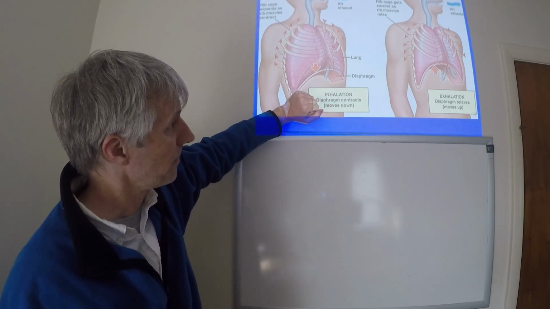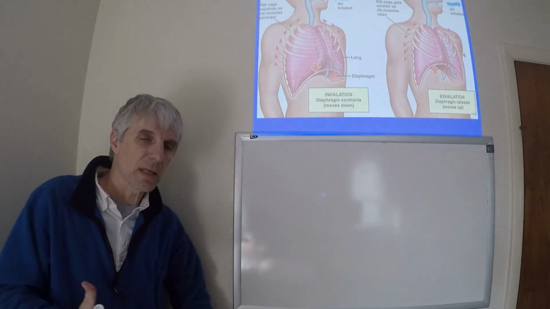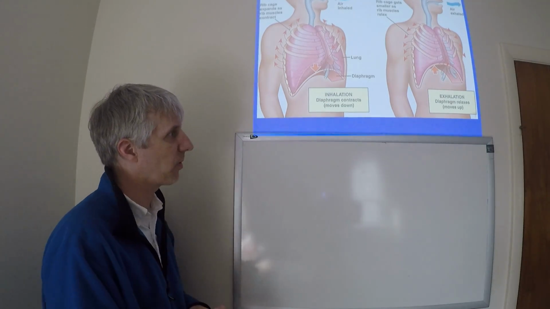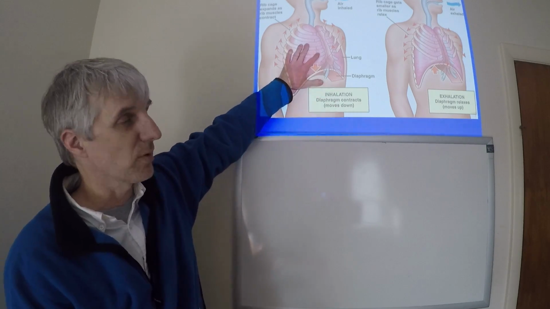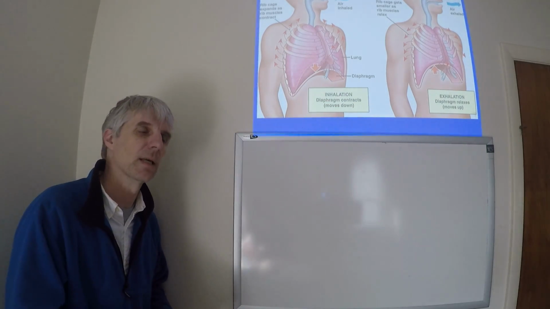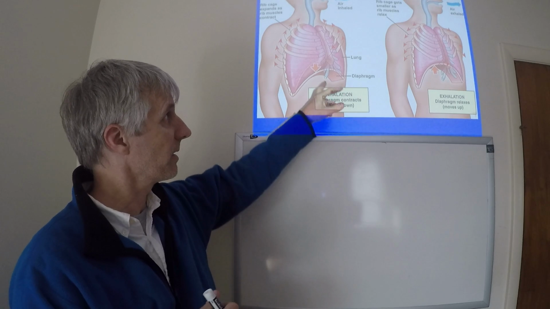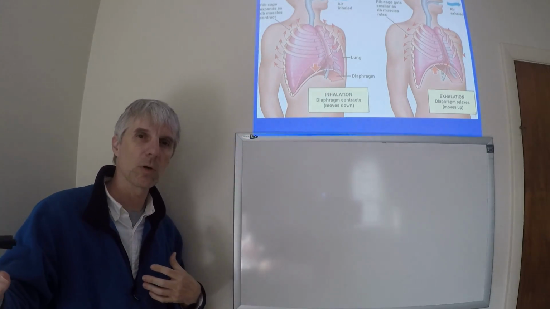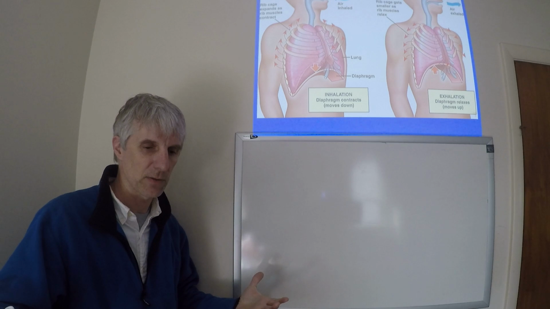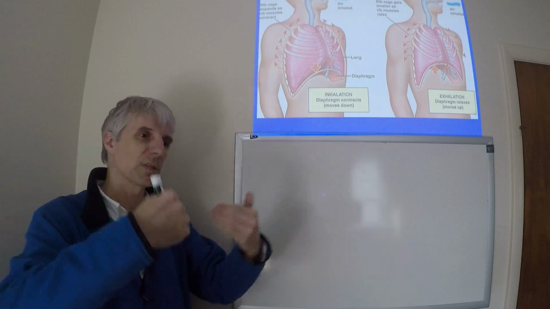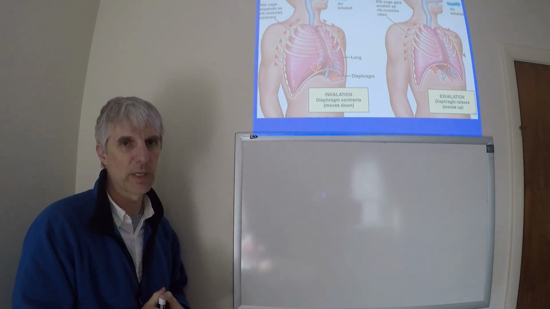Basically, what I'm going to do with negative pressure breathing is to somehow decrease the pressure within the thoracic cavity, have a tube connecting the lungs to the outside world, and by lowering the pressure in the lungs relative to the outside world, air will get sucked in through negative pressure breathing.